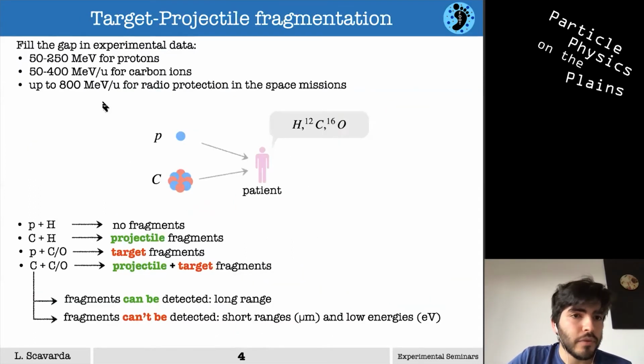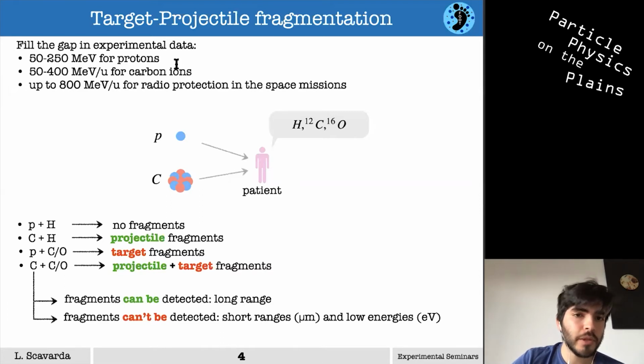So my experiment, FOOT, wants to fill the gap in experimental data of these fragmentation processes in different energy ranges. For the proton therapy, so hadron therapy with proton beams, we will do measurements in the energy range between 50 and 250 MeV.